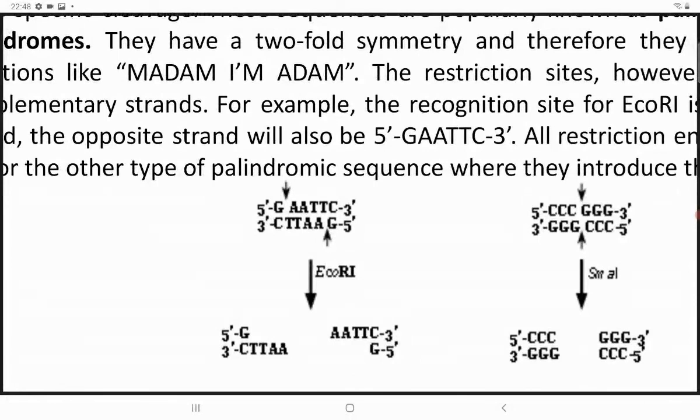You can see the TTAA, this portion is the overhang or the sticky part of the cleaved DNA, because the phosphodiester bond that has been cleaved is not exactly opposite, it is 4 nucleotides apart from each other.